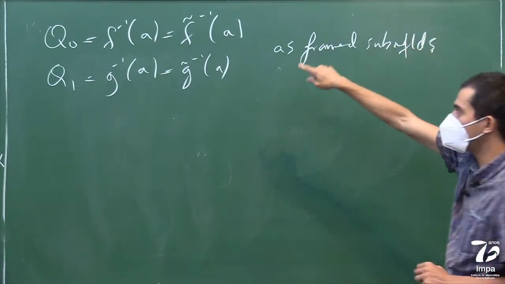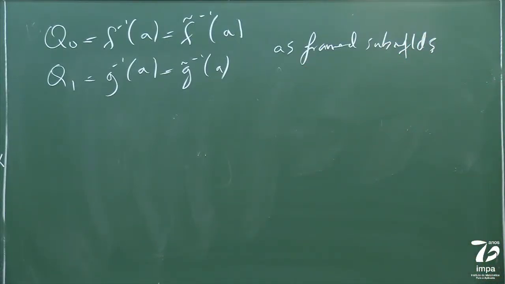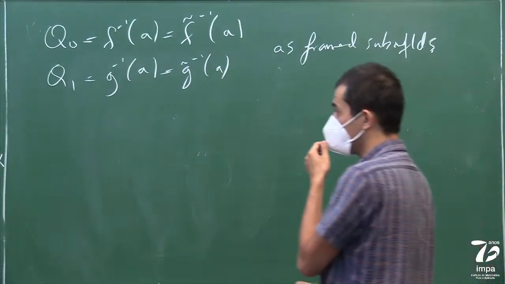So now I need to use this fact to conclude that F is homotopic to F tilde and G is homotopic to G tilde. Okay? So how do you do that now?